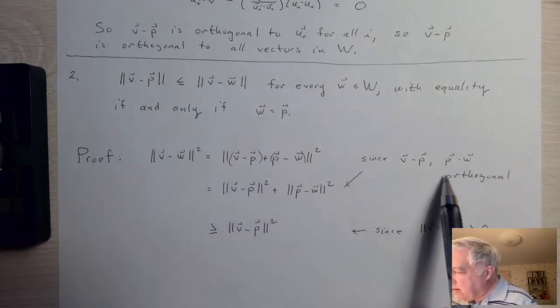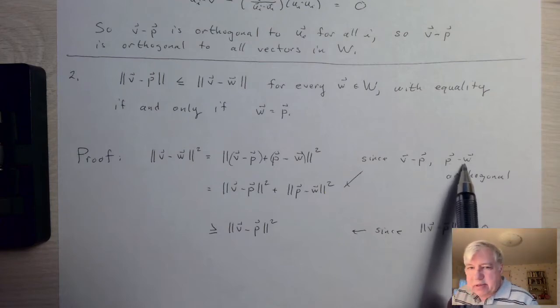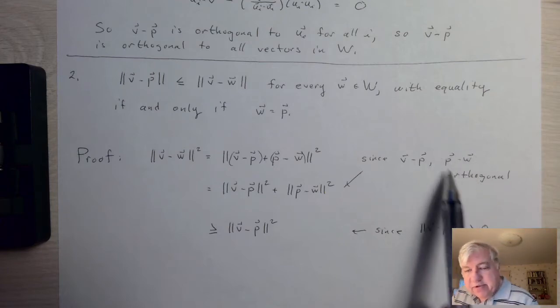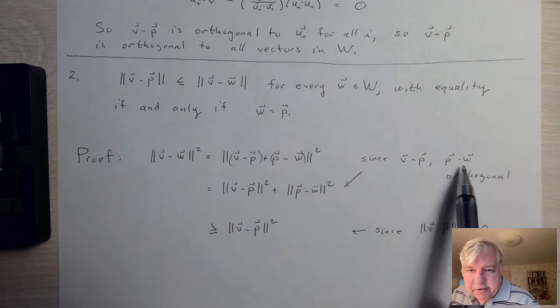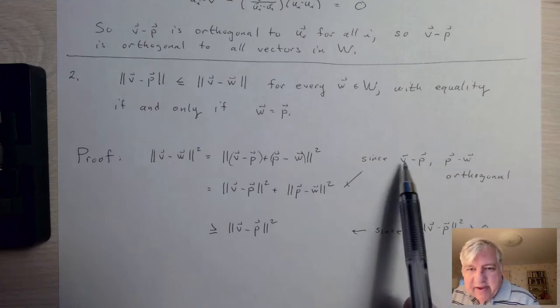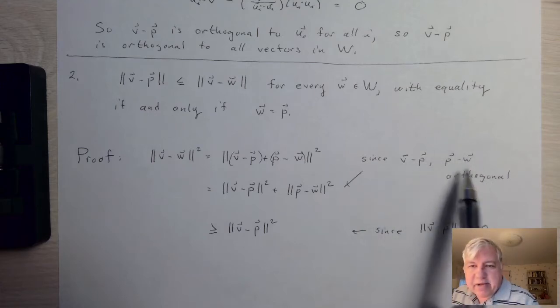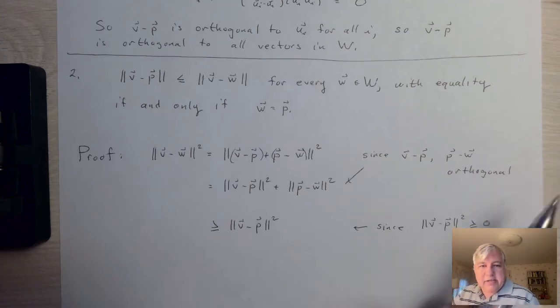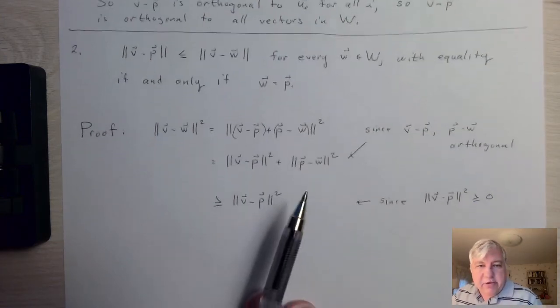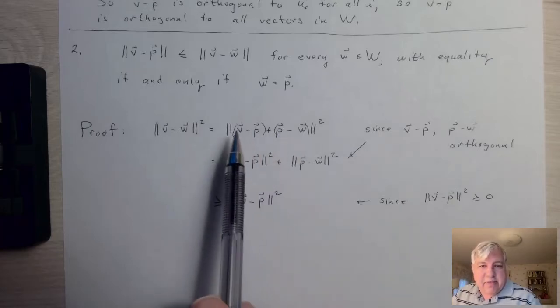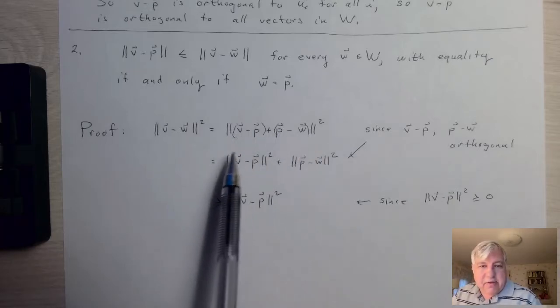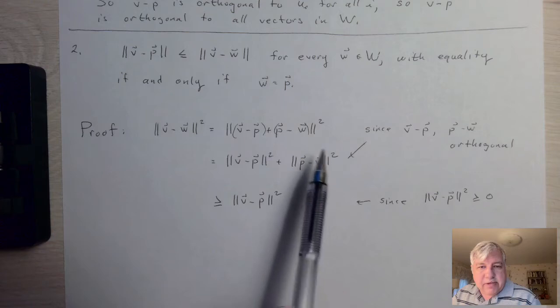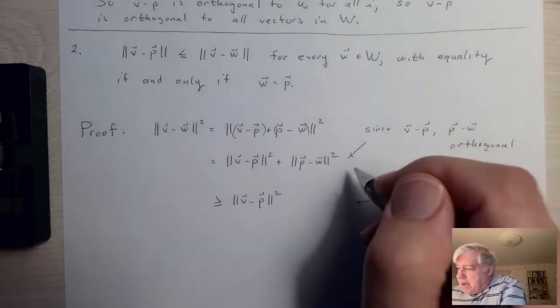We know that P is in big W and little w is in big W, so their difference is in big W because big W is a subspace. And we know that V minus P is orthogonal to everything in big W, so it's orthogonal to P minus w. Because they're orthogonal, we can use the Pythagorean theorem, which says that this distance squared is equal to this thing squared plus this thing squared.